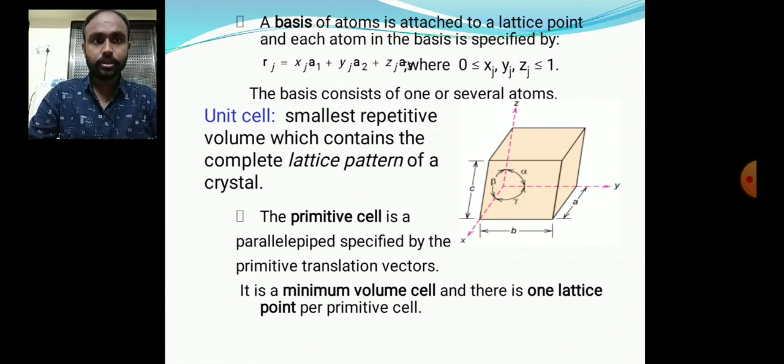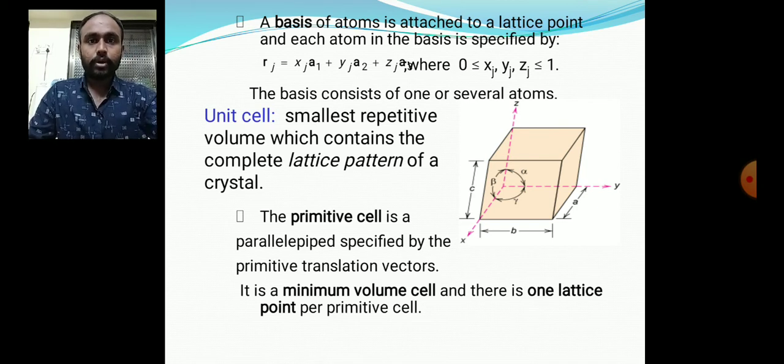I told you yesterday that a, b, c and alpha, beta, gamma are not placed randomly, they are specific, and we will come to know later what their significance is. But for any unit cell or any lattice we must know these lattice parameters for further investigation and calculation.